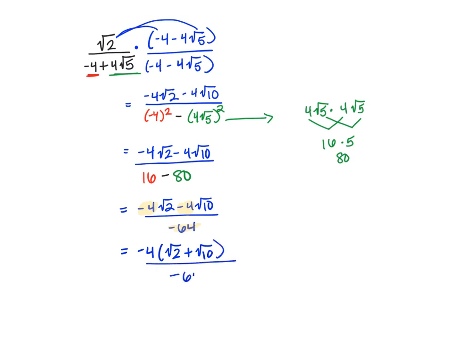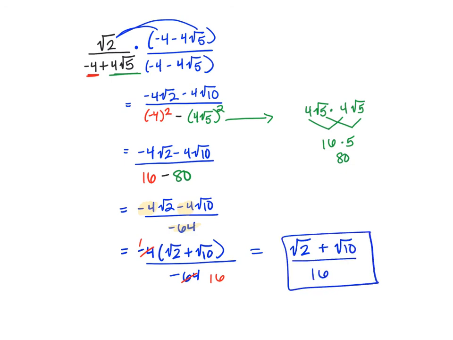And then in the denominator, I have the negative 64. And now we're just going to simplify the negative 4 and the negative 64. That simplifies to 1/16. So your final answer would be root 2 plus root 10 over 16. And that's probably as hard as it's going to get.